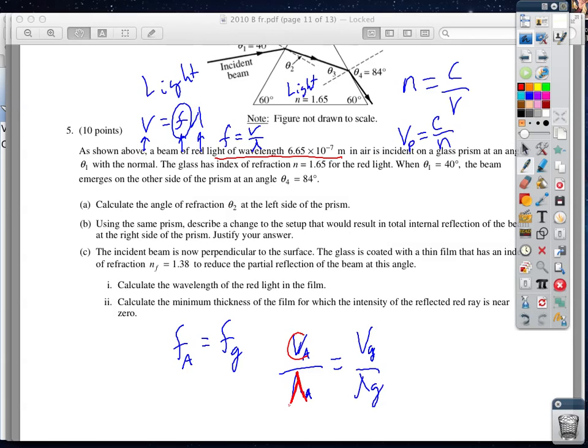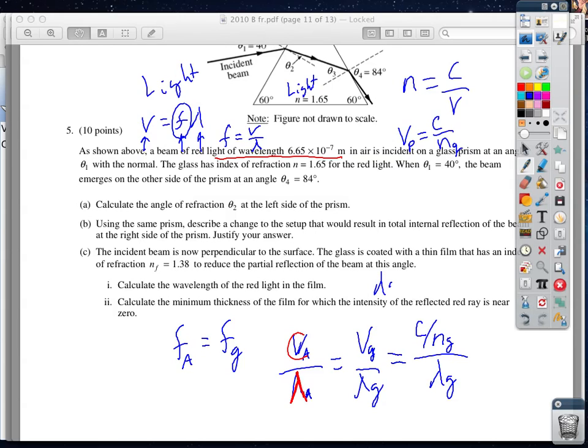So these two red things are given. And then what is the velocity in the glass? Well, we know velocity in glass is C over the index of refraction of the glass. So this becomes C over N over lambda G. And then we're looking for lambda G, right?